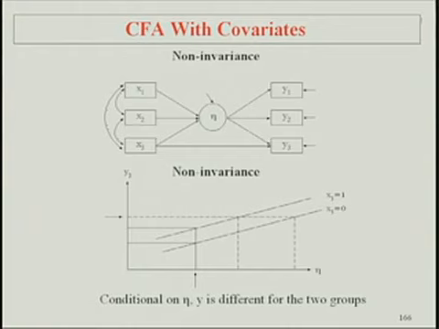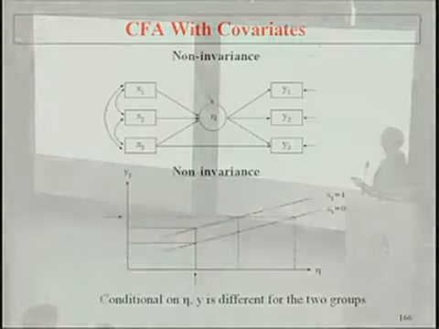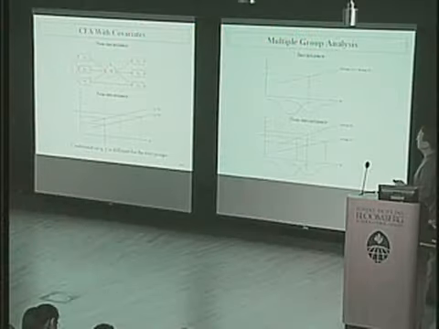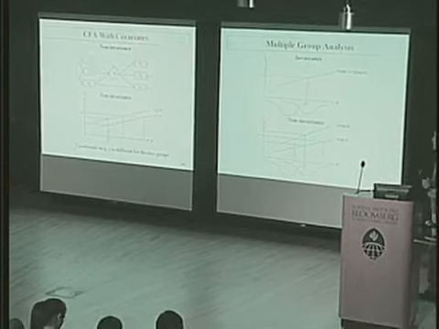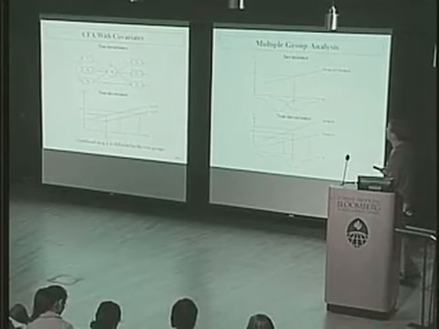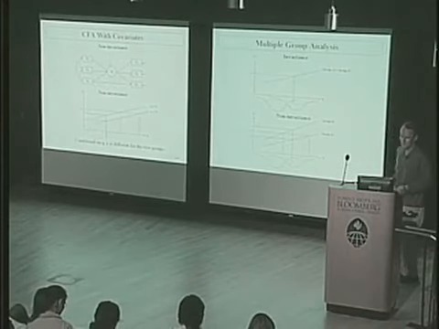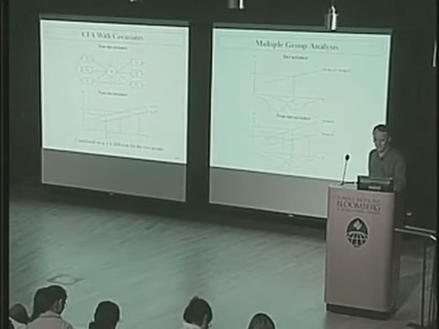And finally, multiple group analysis can allow the variance for the residual pointing to eta to be different across, say, males and females. That can be handled in the multiple group approach, but cannot be handled in the CFA with covariates approach. So this reflects the fact that the multiple group approach is more general, but the generality comes at the cost of making it a little bit more cumbersome.